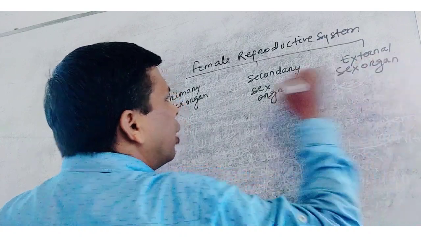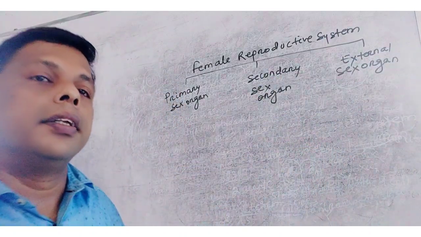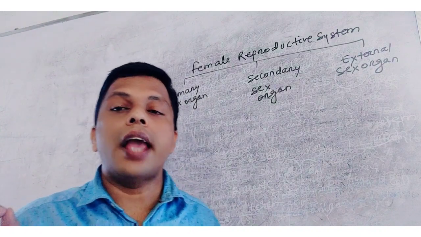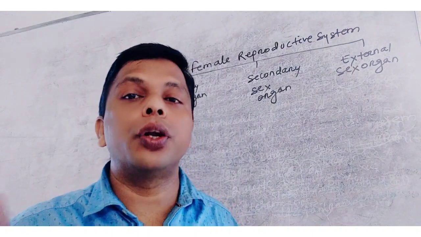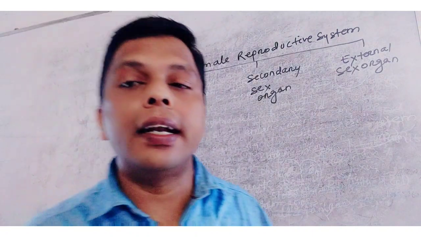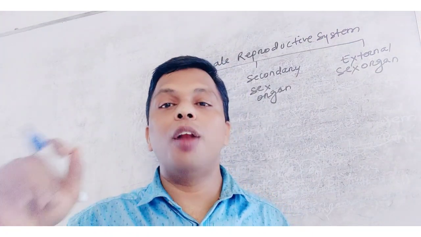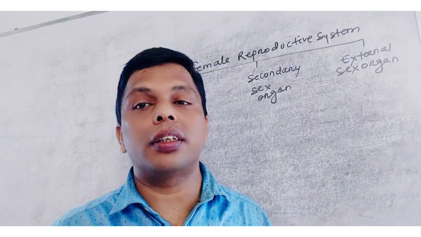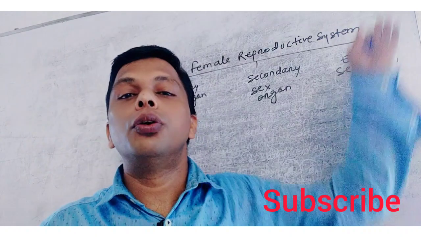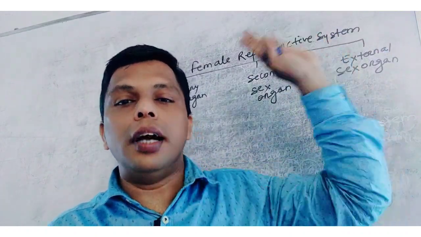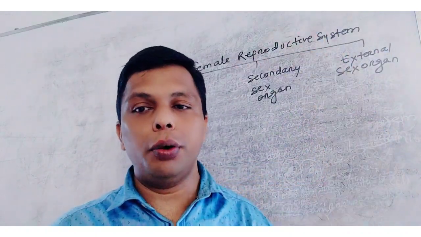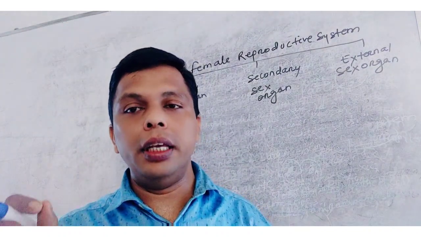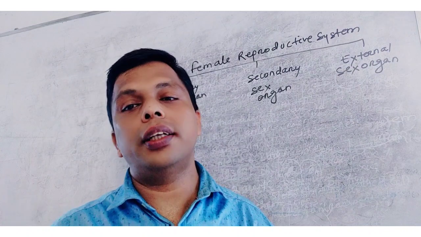What are these? The primary sex organ is the main organ where the actual gamete formation takes place. What is secondary? The secondary helps in conduction, or it consists of accessory organs. The external is present at the external part of the body. These are the basic differences of primary, secondary and external sex organs.